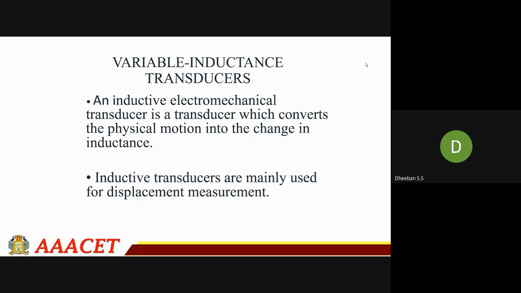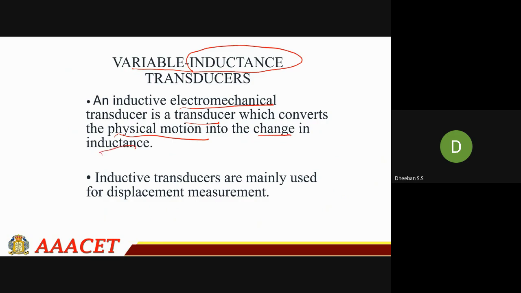Over here, this basically depends upon the variation in your inductance value. Last time what you have seen is based upon the resistance, but this is entirely based upon your inductance. The inductive electromechanical transducer is a transducer that converts a physical motion into a change in inductance.